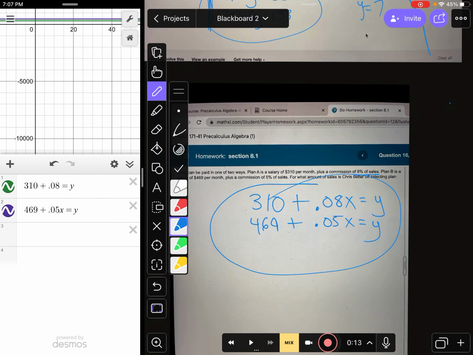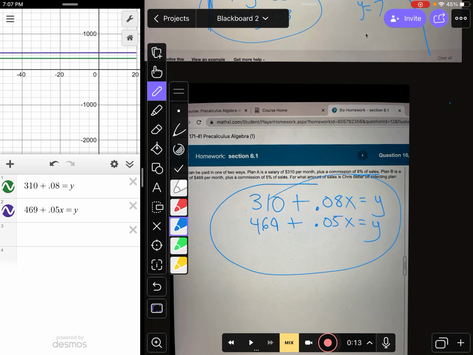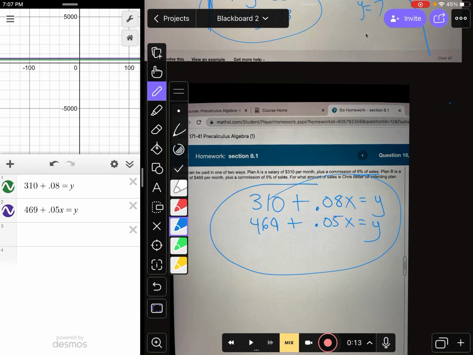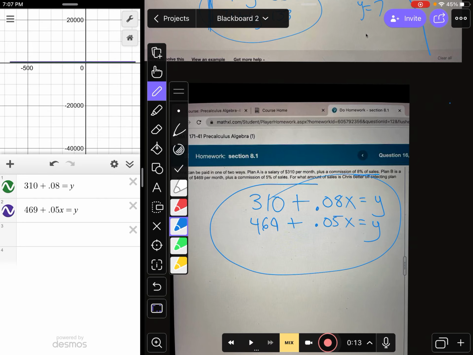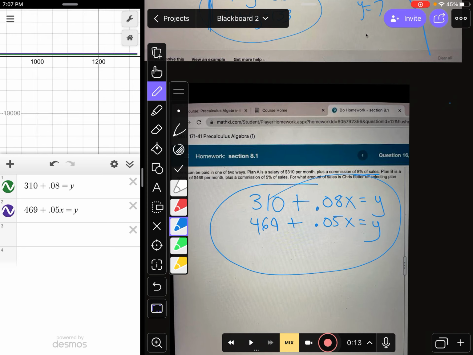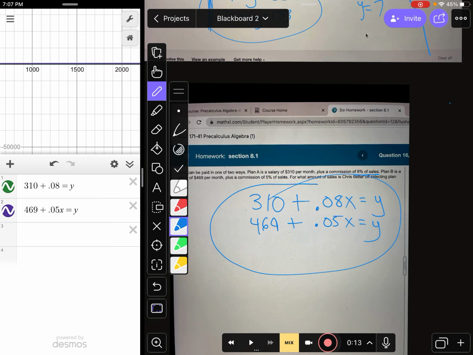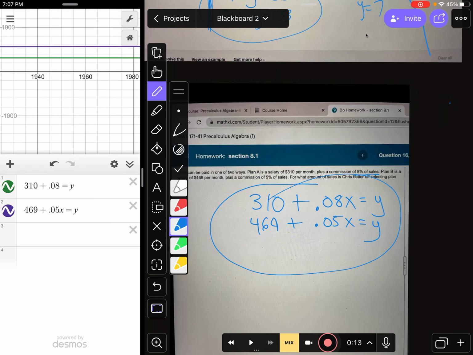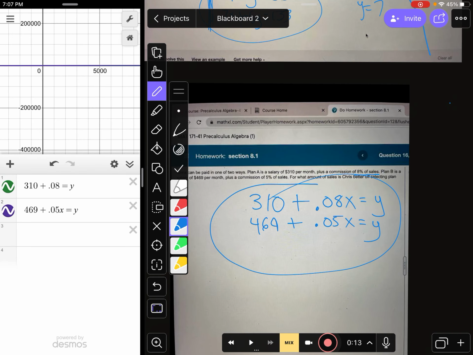I'm just finding out where they cross. Okay, there. Where do these things cross at? Hold on one second, I'll find it. Let's see where they cross. Zero, that's not it. Nope.